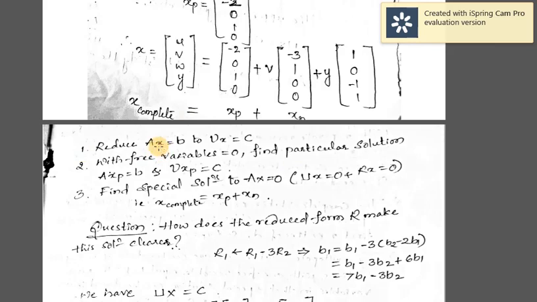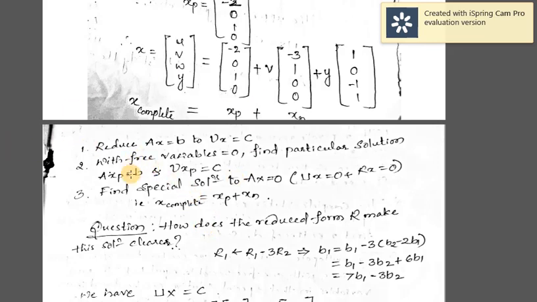Reduce Ax is equal to b to Ux is equal to c form so that we can solve it. Then with free variables as 0, find the particular solution. So we need to find the particular solution by considering free variables as zeros. Find the special solution to Ax is equal to 0, and the x complete would be the sum of xp plus xn. Now let's learn this.